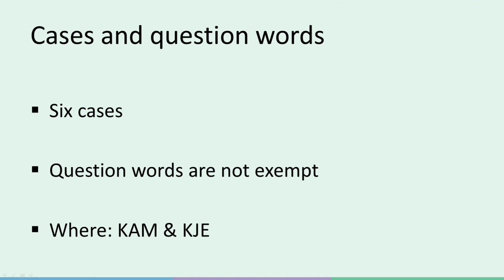Similarly, we have 2 different question words to describe motion towards and static location, and they're kam and kje. They're both the English where, with kam describing motion towards, so you can think of it like the English where to. Let's add this final piece of the puzzle to our previous slide.